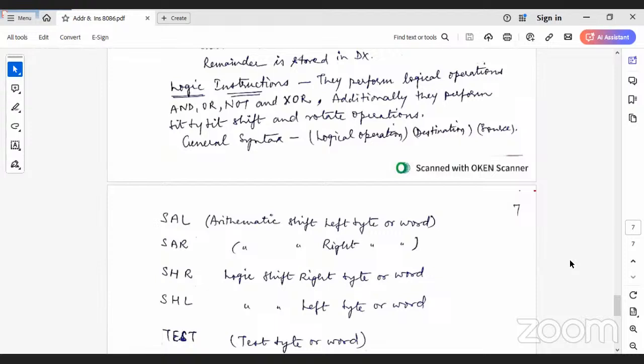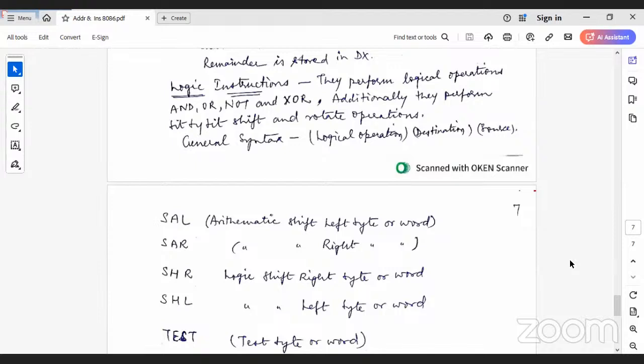ROL is simply rotate left. Then rotate right is ROR. If it is through carry, it is RCL, rotate left through carry. Ma'am, in the textbook, RCR is given as rotate left through carry byte. Yes, that is a printing mistake. You correct it as rotate right. RCR is rotate right only.